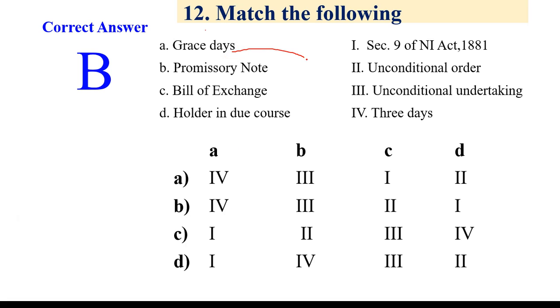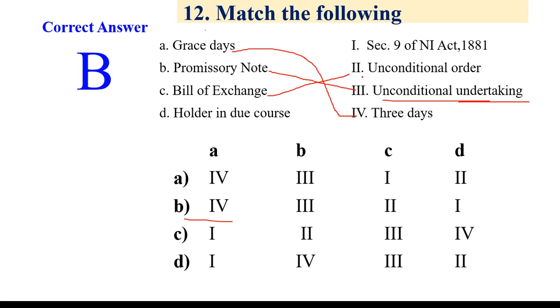Grace days means 3 days, means 4. Okay. Grace days means 3 days. Promissory note is what? Unconditional undertaking. There is a difference between promissory note and bill of exchange. Promissory note is an unconditional undertaking to pay, and bill of exchange is what? An unconditional order directing someone to pay the money.